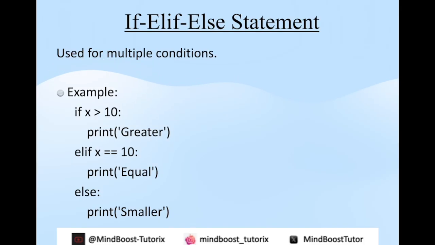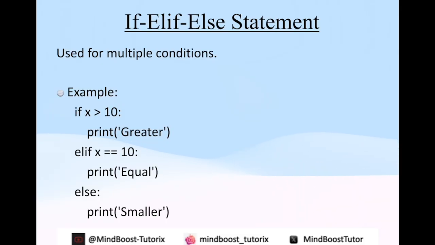Suppose the value is 10, and you are checking your condition based on 10. In the first block you are just checking whether x is greater than 10 or not, right? Otherwise you are just printing smaller.